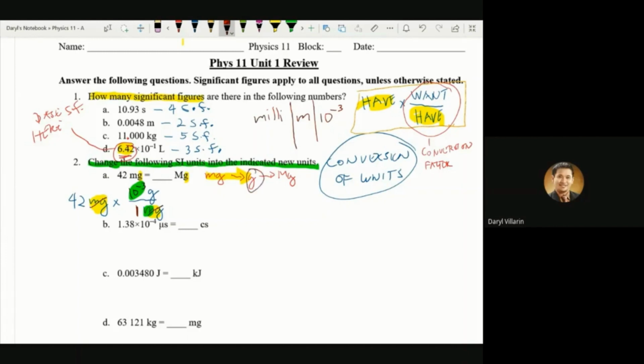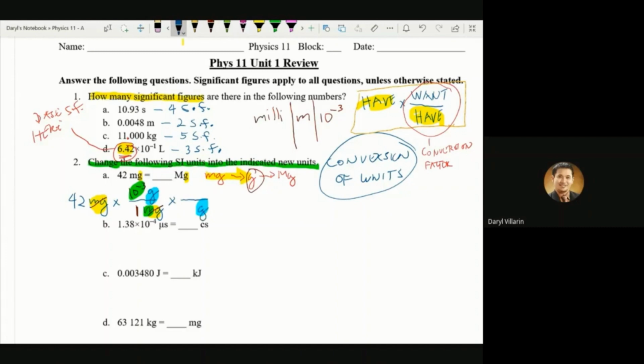However, my final unit should be in megagram. So that means that I still have to multiply this by another conversion factor, wherein this time, you will take this one as the unit that you now have. So the unit that will be placed in the denominator should be your gram.